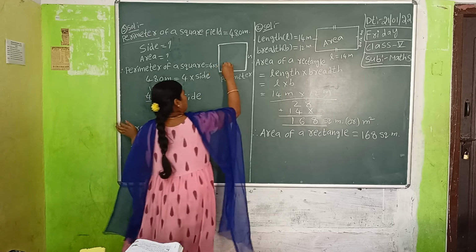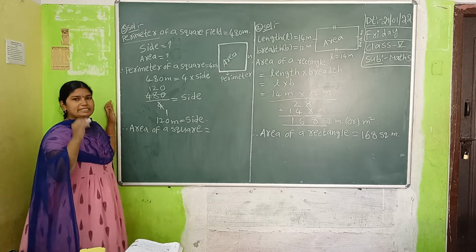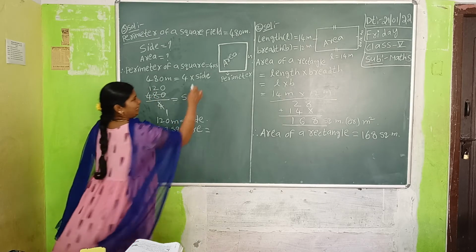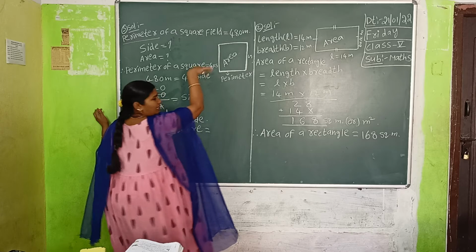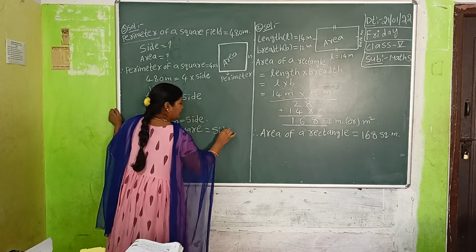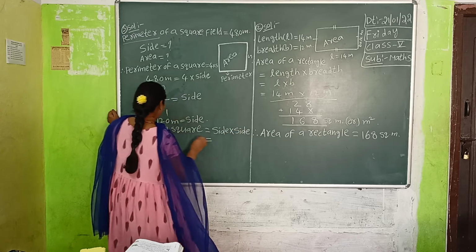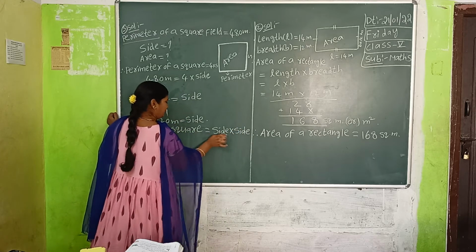Area is nothing but the inside space we want. That is side into side. Any two sides multiplied, you get that answer. Side into side. What is the one side here?